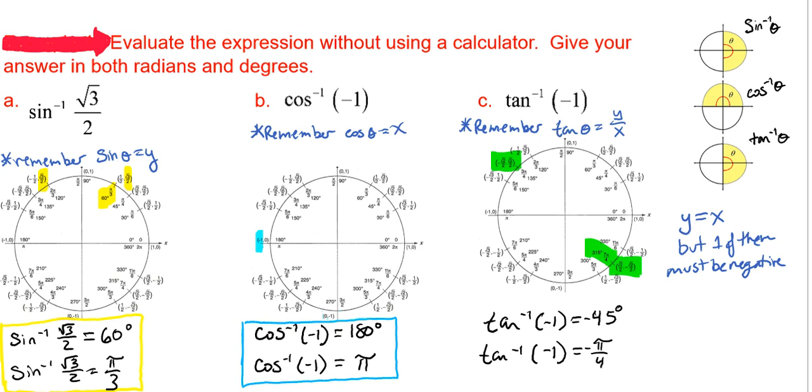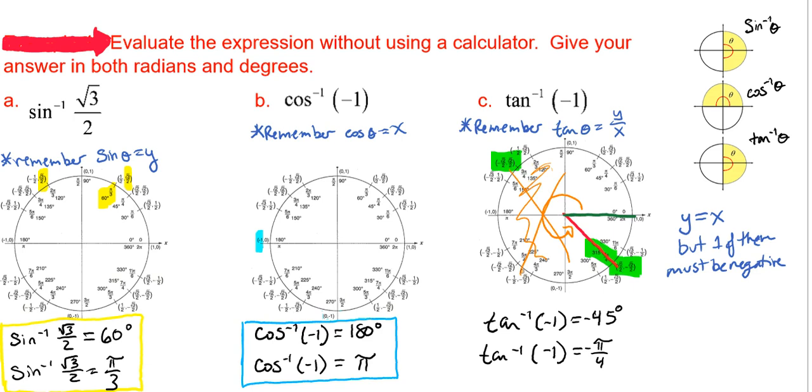So why is it a -45 degrees instead of a 315 degrees? And why is it a -pi over 4 instead of 7 pi over 4? Well, here we have our initial side, and then we have our terminal side here of our angle. And we're looking for our coterminal angle. So our original angle kind of comes all the way through here. But we can't exist in this area, so you can't go that direction.